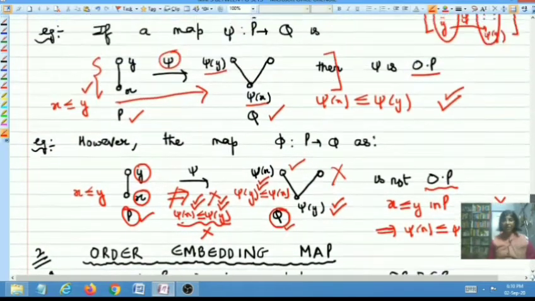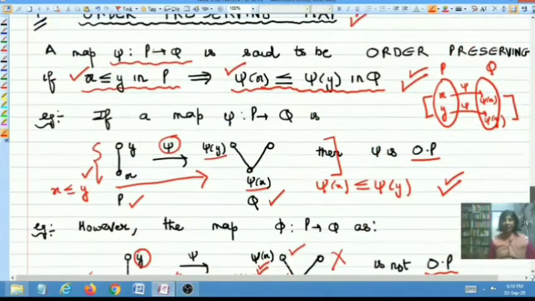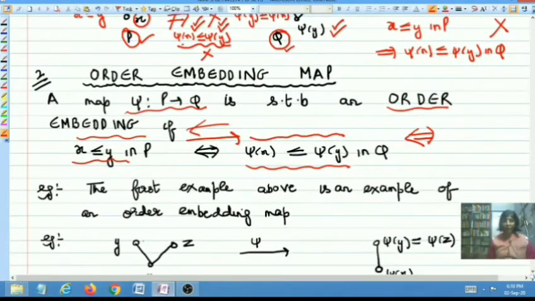And one thing which I want to mention over here is the relation between an order preserving map and an order embedding map. For a map to be an order embedding map, two conditions should be satisfied. Not only this way implication should be satisfied, but this way implication should also be satisfied. Elements related should imply images are related, and images related should imply the elements are related.